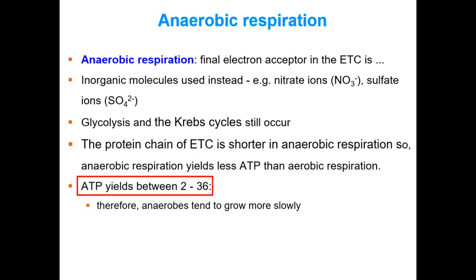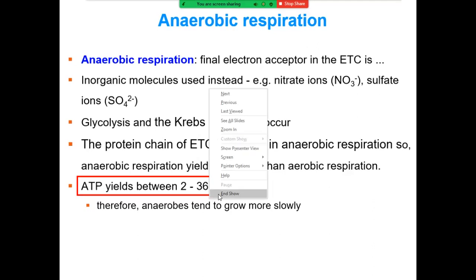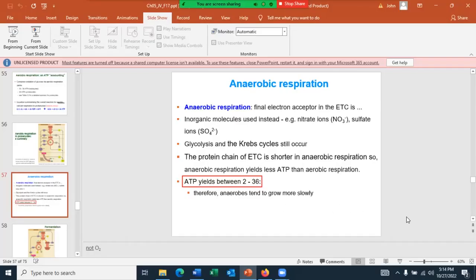I think the worst would be 4 ATP, but fermentation generates 2 ATP. Therefore, anaerobes tend to grow more slowly than aerobes, and that's because they generate less ATP than aerobes. Any question about any of that?